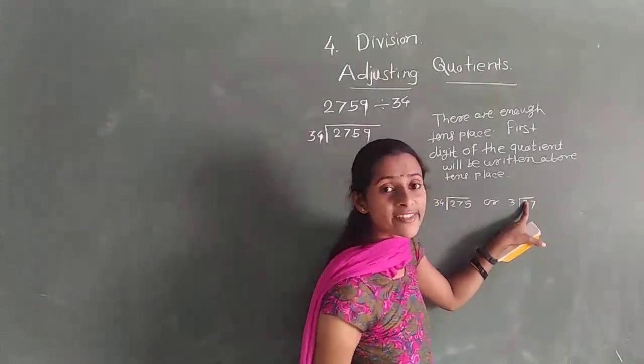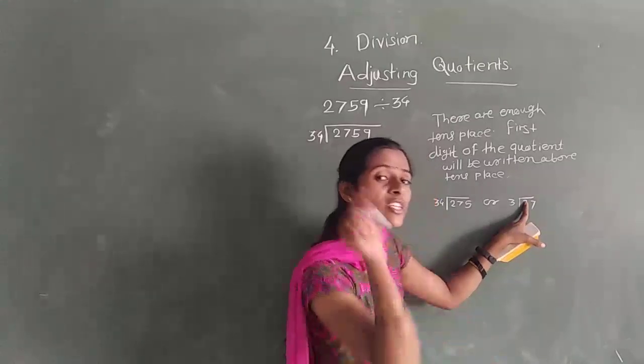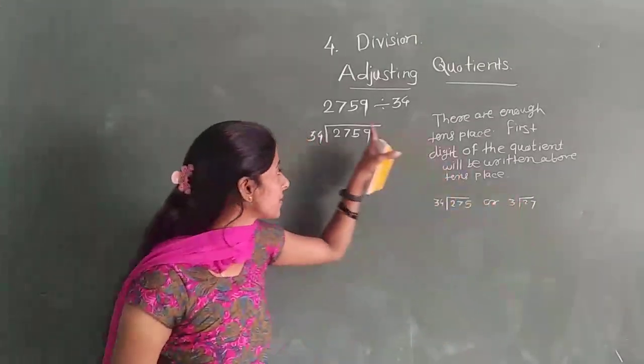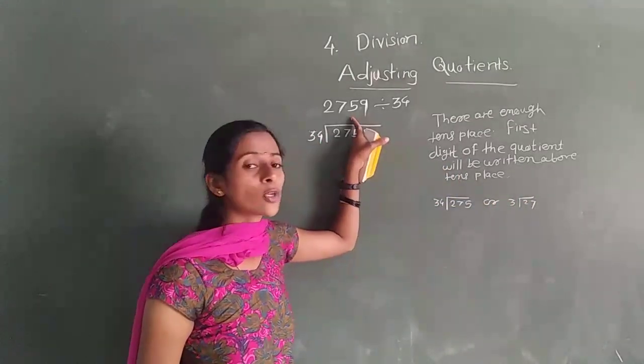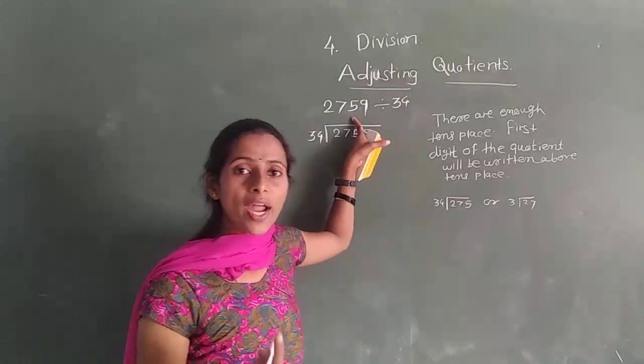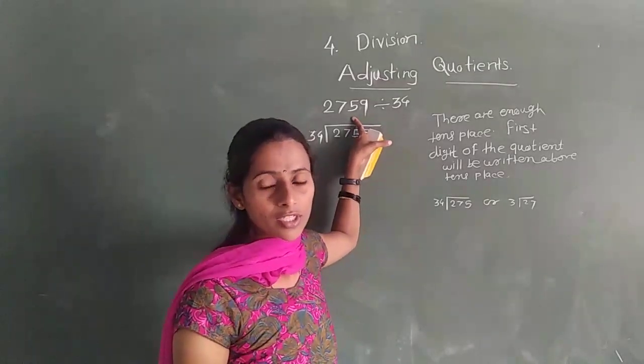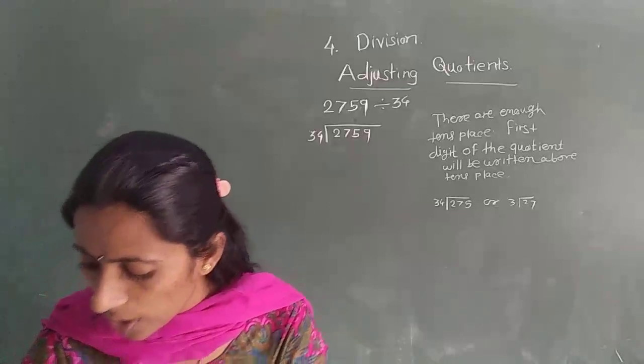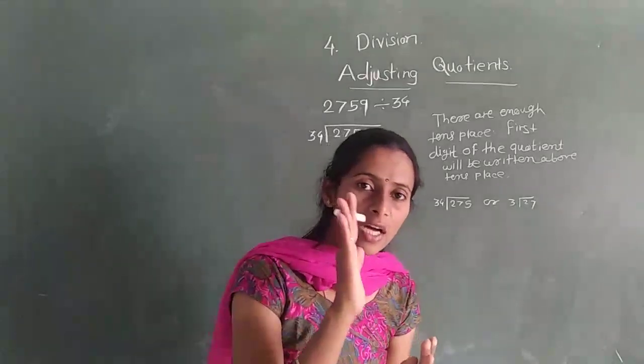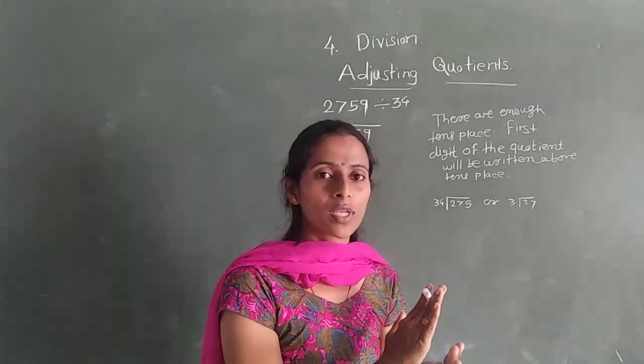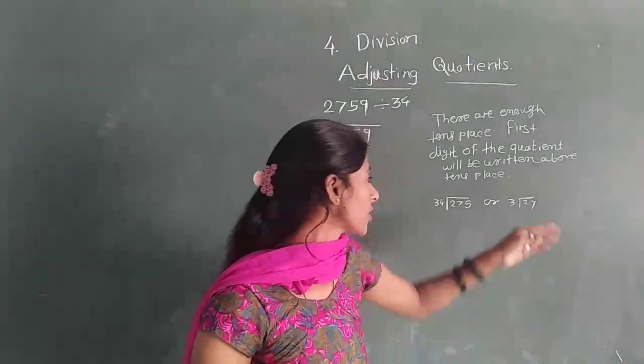Clear? 3 nines are 27. So 9 is very high. This estimated quotient is very high, so adjust the quotient by trying one smaller number.